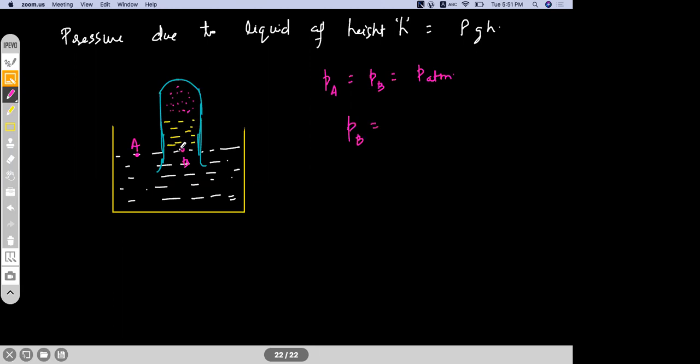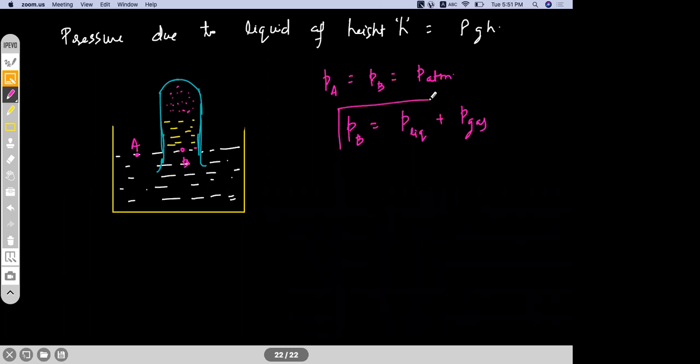On this point B, this liquid will exert pressure and the gas will also exert pressure. So PB is equal to the pressure of the liquid, whatever liquid we have, plus the pressure of the gas. Right? This is a relation we can write.